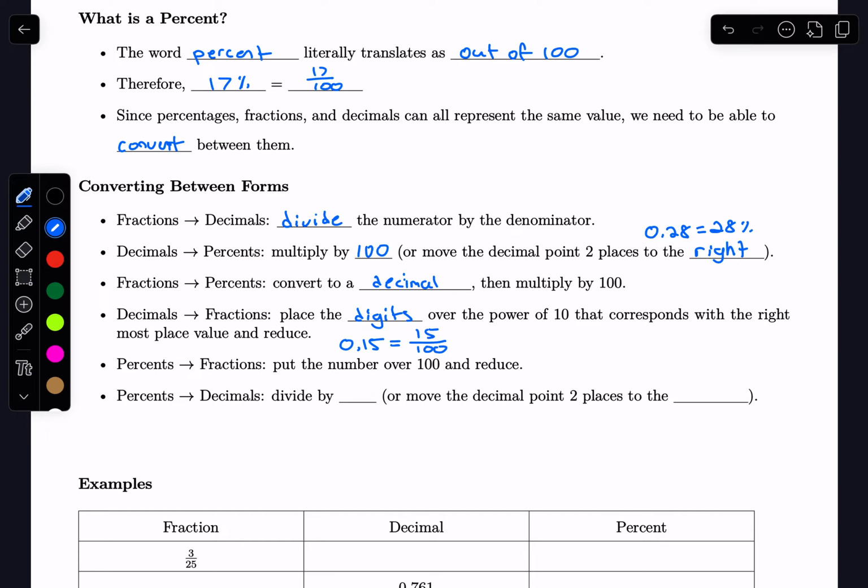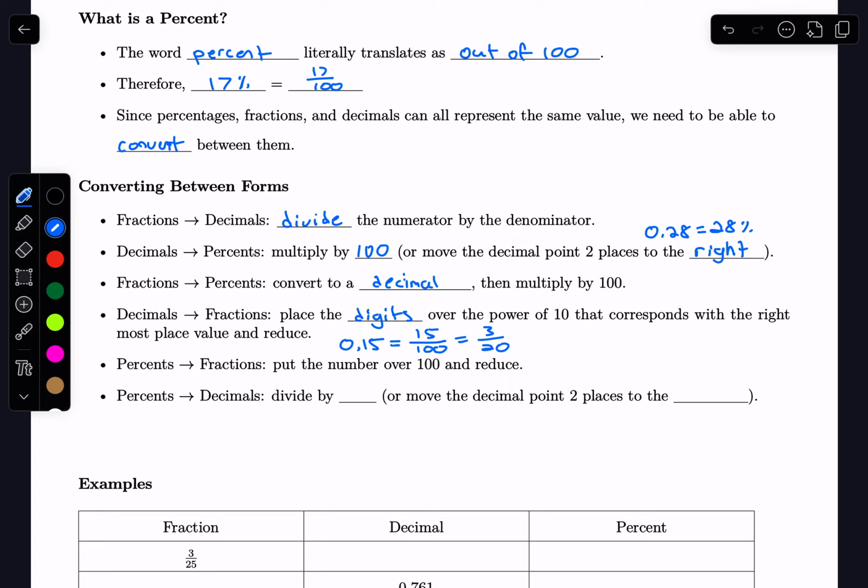So 0.15 is actually 15/100ths, 15 over 100. But then we want to reduce our fractions all the time. So we can reduce this by dividing top and bottom by 5 to get 3 over 20. So we can turn 0.15 into a fraction by just naming it 15/100ths, and then sometimes we can reduce that fraction, in this case to 3 over 20.